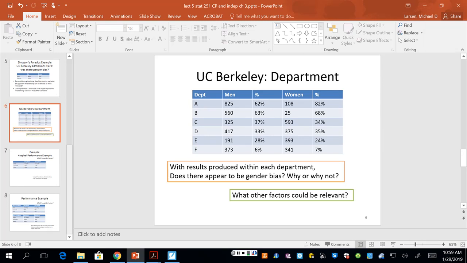These are the number of men that apply and are admitted, and the number of women that apply to those different departments. And these are the percent of men admitted to these separate departments, and the percent of women admitted. So when things are broken out by this other variable, when it's conditioned on which department people are applying to, does it look like there is the same level of bias as before?